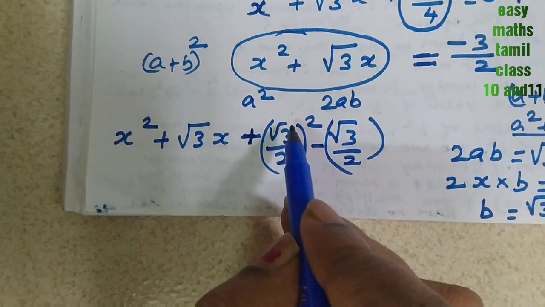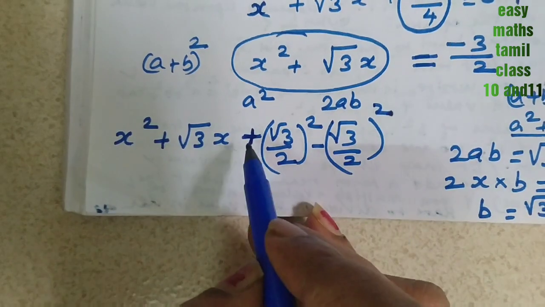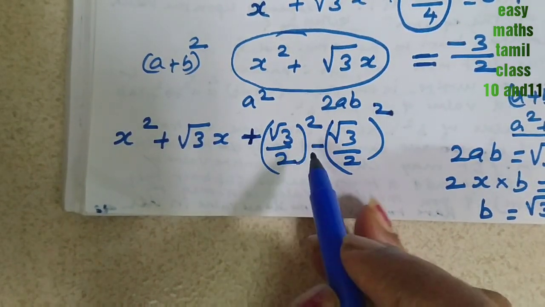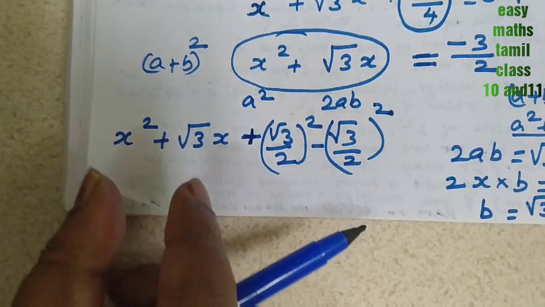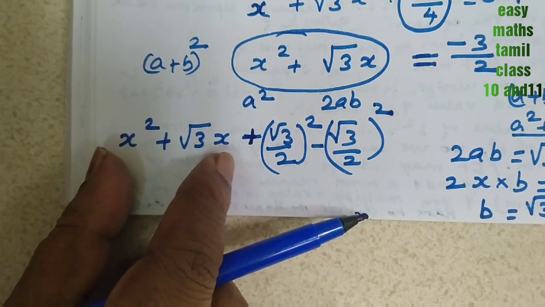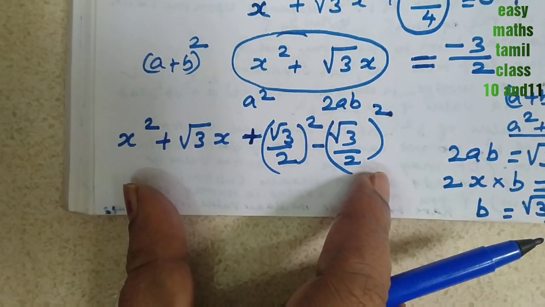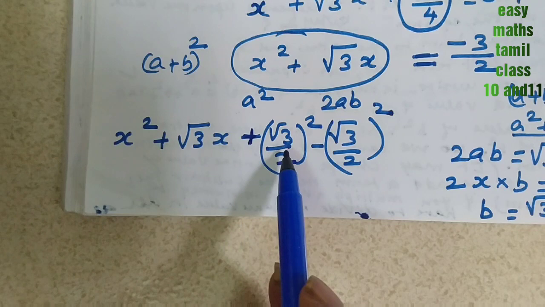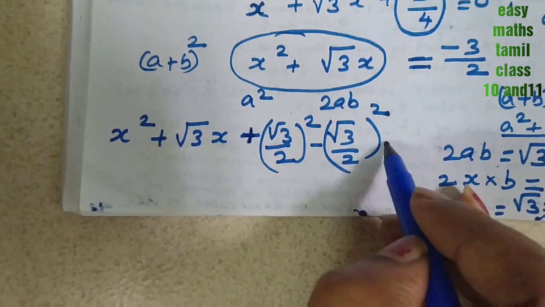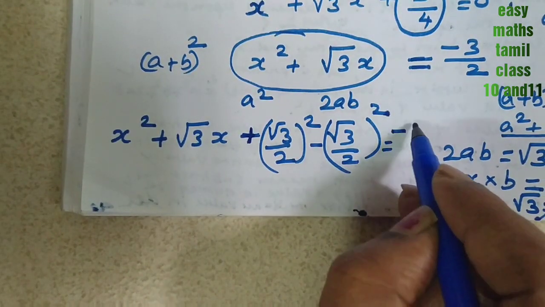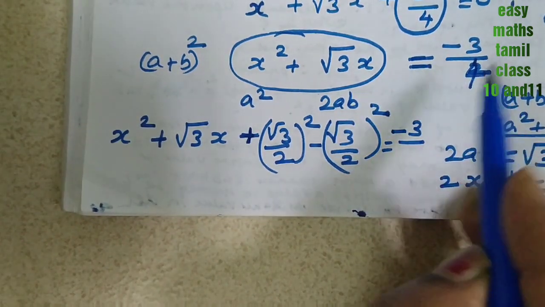Then only plus root 3 by 2 the whole square and minus root 3 by 2 the whole square will cancel each other, and the value of x square plus root 3 x remains the same. So we should not change the values in this equation. While adding a value, we have to subtract that value also. This is very important. So equal to this value, this is already given, minus 3 by 4.